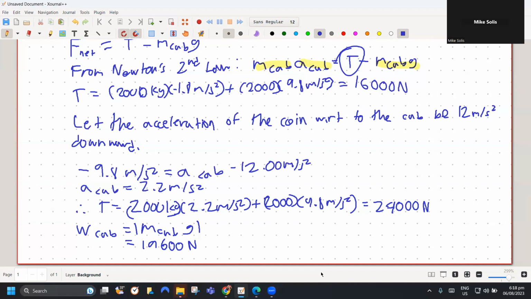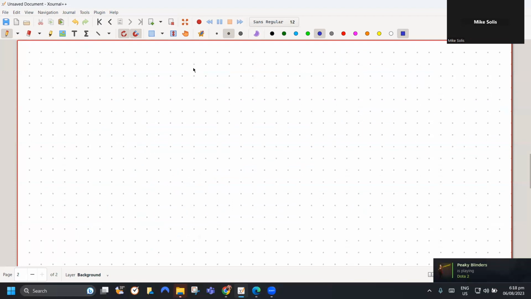So, new page. So, same problem. Pero tingnan natin yung ano. What happens kung ganito? You drop a coin inside the cab. Tapos nakita mo na yung coin is moving downwards, pero constant velocity.